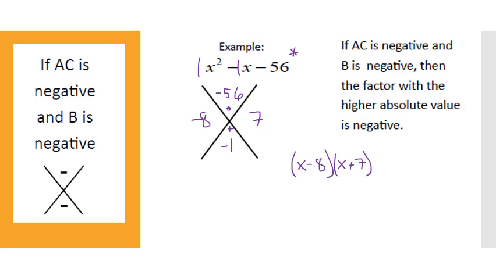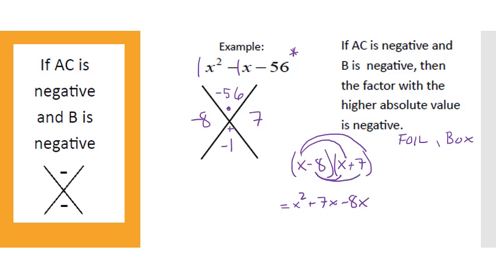And just as a quick review, when I say multiply these together, we can use either our FOIL method, first, outside, inside, last, or the box method. First, x times x is x squared. The outside two terms, x times 7, is 7x. The inside two, negative 8 times x, is negative 8x.